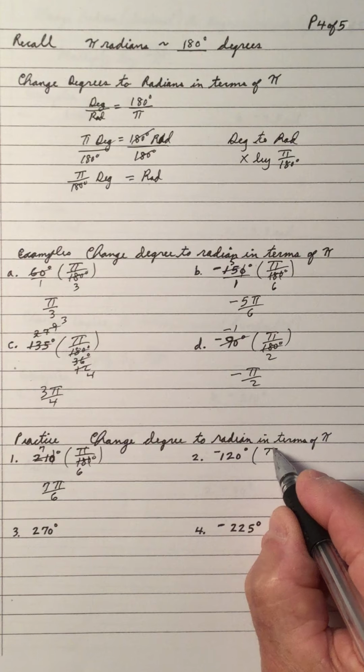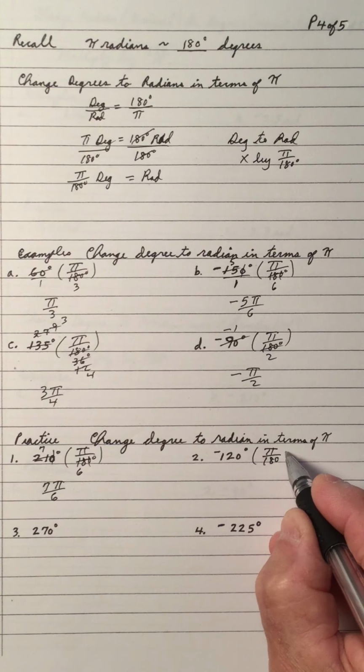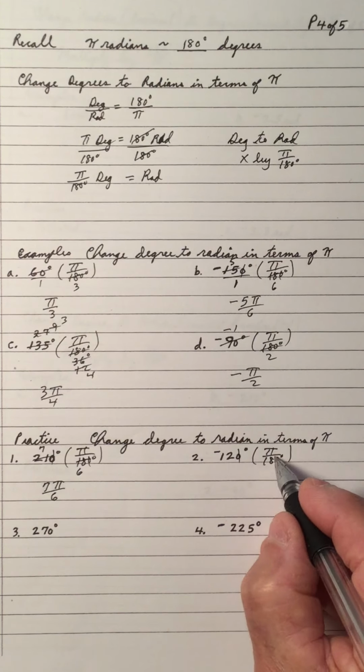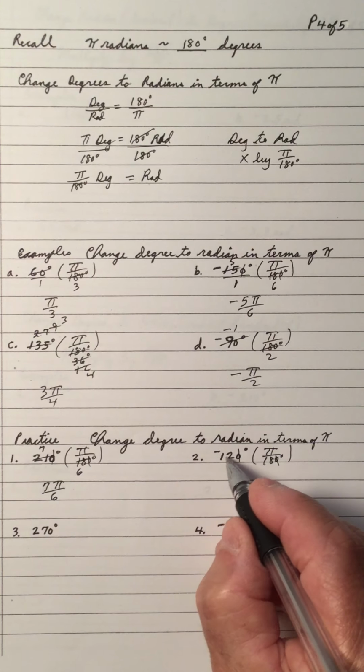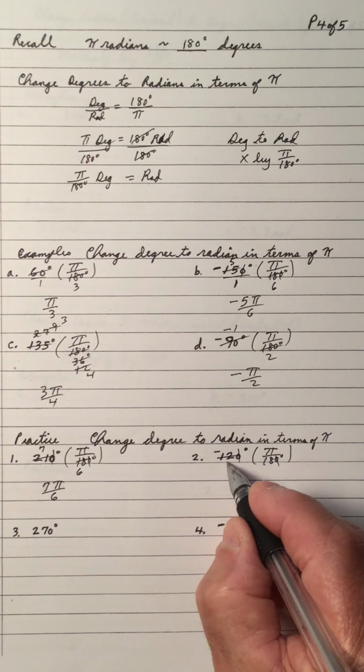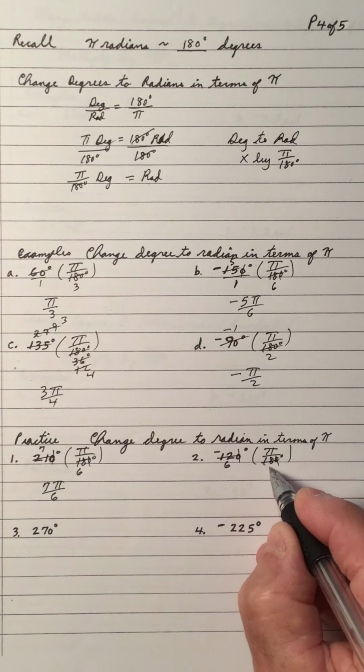Multiplied by pi over 180, and zeros cancel, and 2 into 12 goes 6, 2 into 18 goes 9, 3 into 6 goes 2, 3 into 9 goes 3, so we get a negative 2 pi over 3.